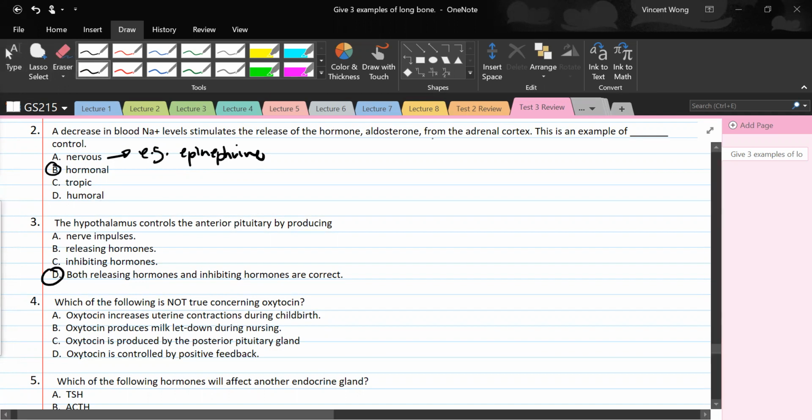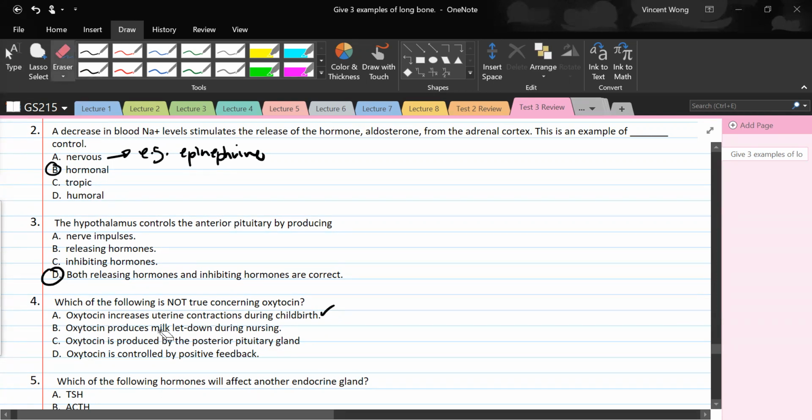Which of the following is not true concerning oxytocin? Okay, so this is the hormone that is made in the hypothalamus, but stored and released from the PP, posterior pituitary, and is responsible for uterine contraction and milk letdown. So oxytocin increases uterine contraction during childbirth. That's correct. Nothing to change there.